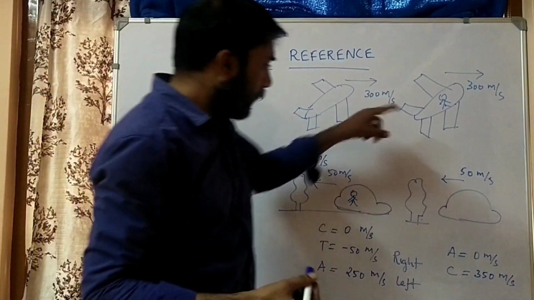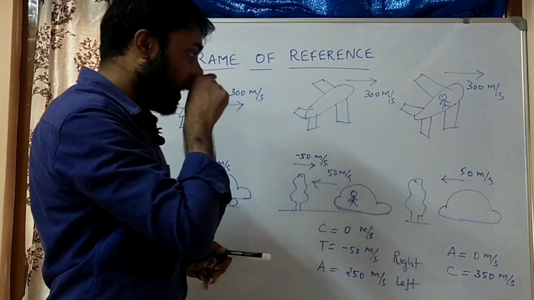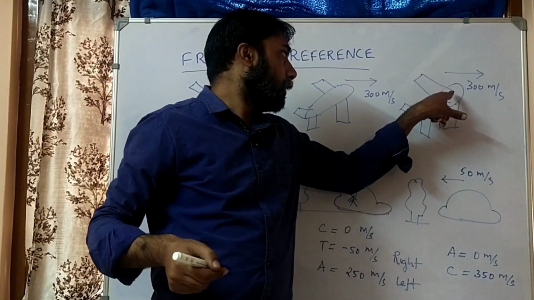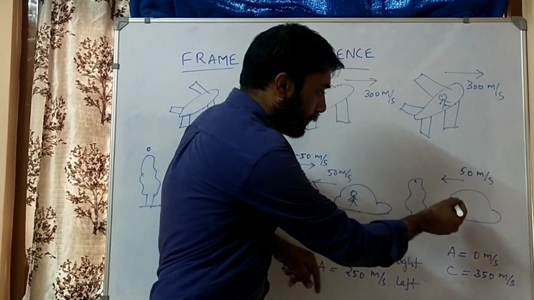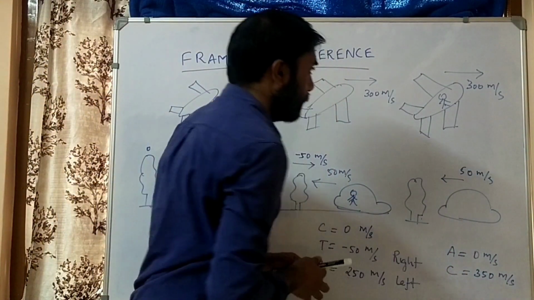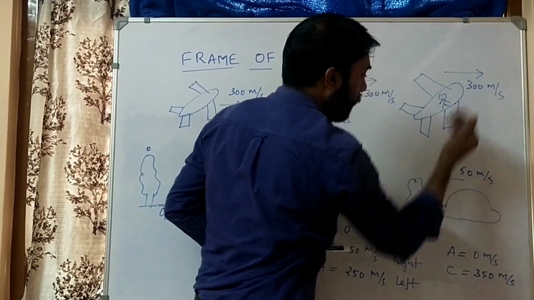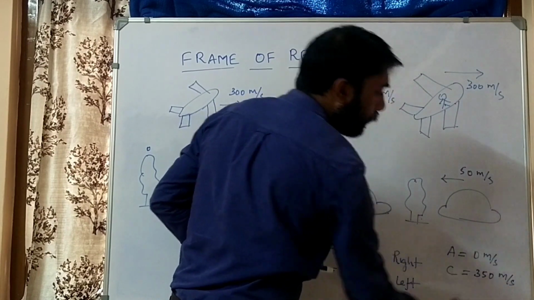If you observe from there, you can see the car moving at 350 meter per second. Actually it is moving at 50, but while your reference is changed, you can see the car moving at 350 meter per second. Understood, right? 300, and this is moving opposite with 50 meter per second. Both will be added.